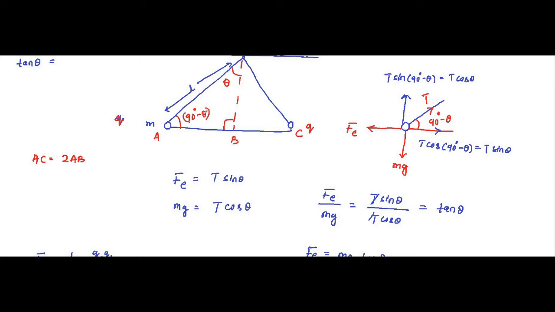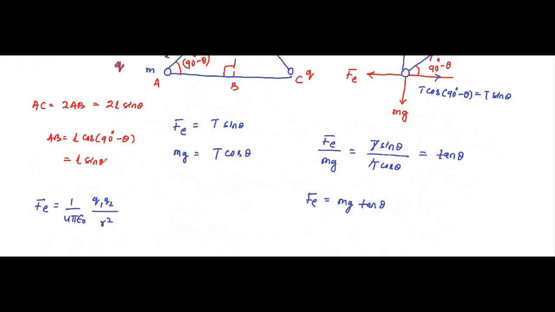AB is nothing but L cos 90 degree minus theta, which is equal to L sin theta. So AC is equal to 2L sin theta.